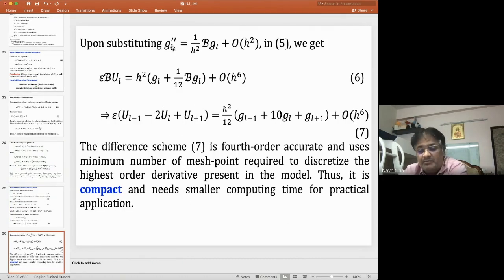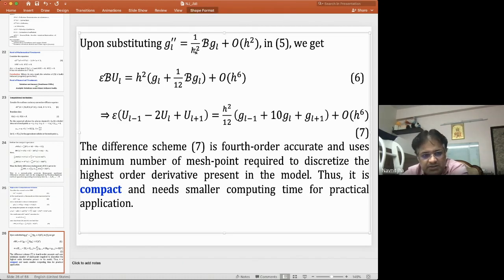Now, what is g double prime? I have defined operator B on u, and the same way operator B can be defined on g. So g double prime is 1 by h square B gl, and that is order h square. Substitute it, we will get epsilon B ul equal to h square gl plus 1 by 12 B gl plus order h6.